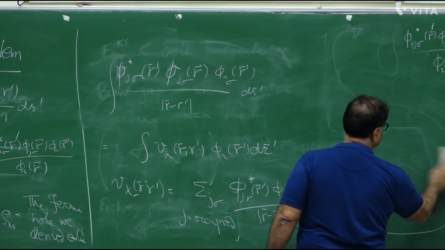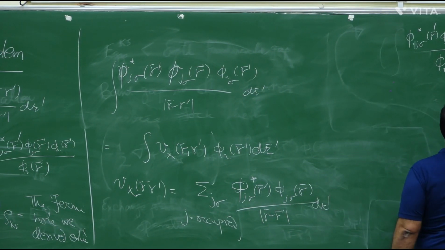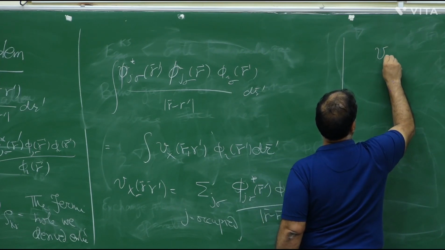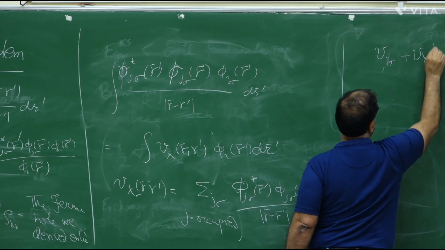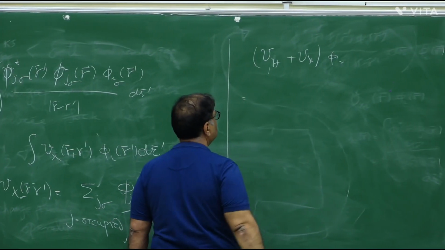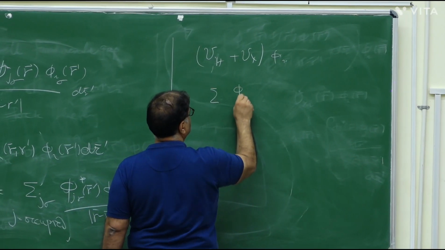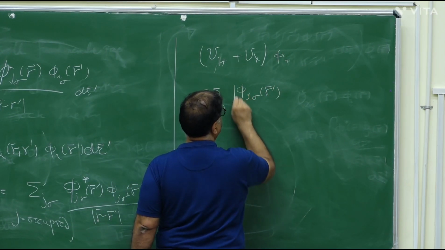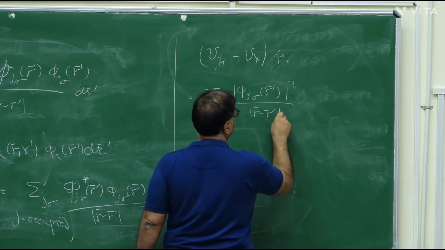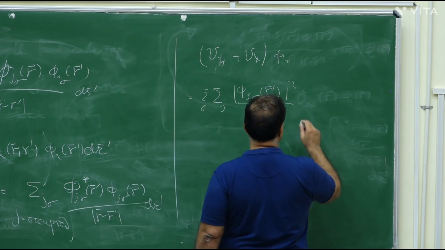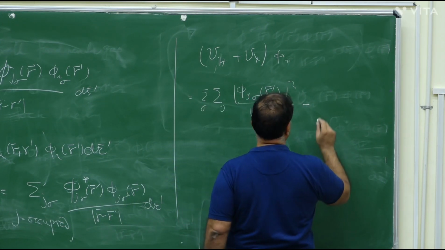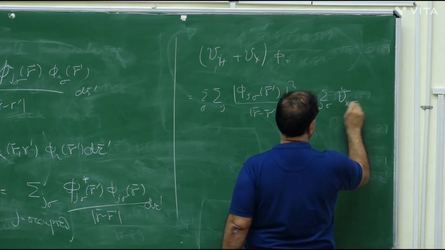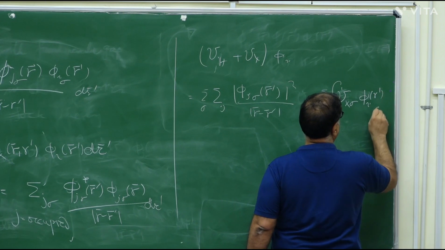When I'm calculating the operation of V Hartree plus V exchange, I'm just writing it symbolically on phi i, it is summation phi j, and summation sigma, |phi j(r')|² over |r minus r'|, minus summation j, Vx sigma, integration phi i(r') dr'.